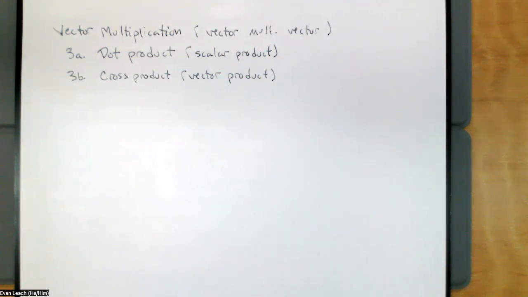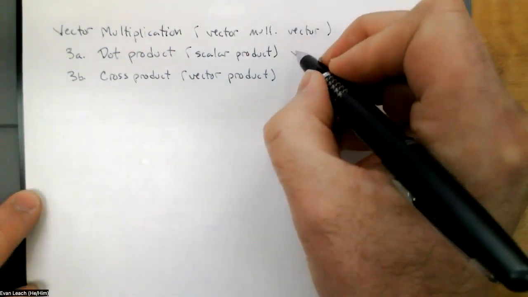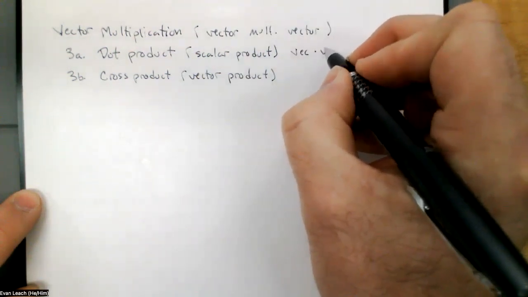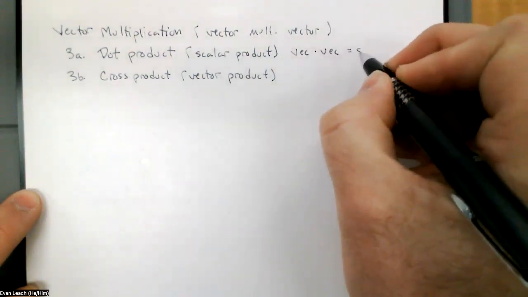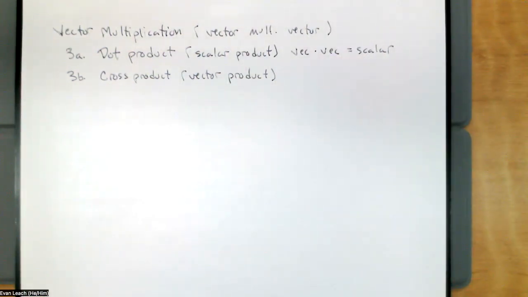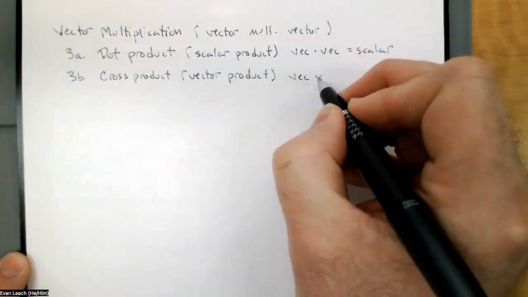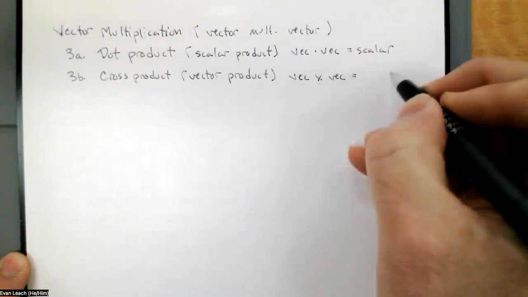The dot product is a scalar product, meaning vector dot vector equals a scalar. So in the dot product, we have a vector dot vector equals a scalar. In the cross product, we have a vector cross a vector equals a vector.